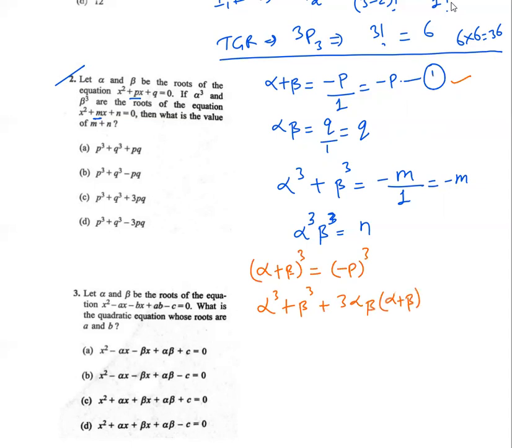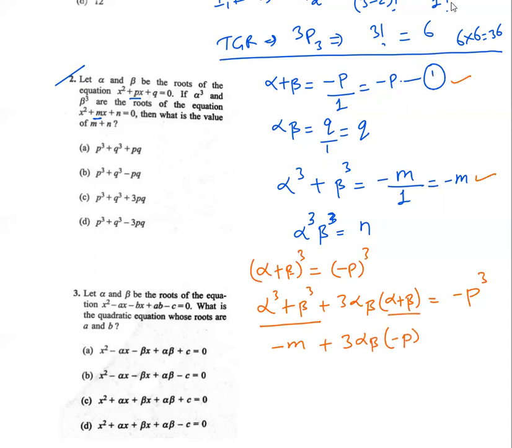This is equal to negative p cube. Negative 1 cube is negative 1, and p cube. Now alpha cube plus beta cube, we know that it is equal to minus m, so substitute here. Also plus 3 into alpha beta into alpha plus beta, and alpha plus beta is negative p, which I have substituted from equation 1.